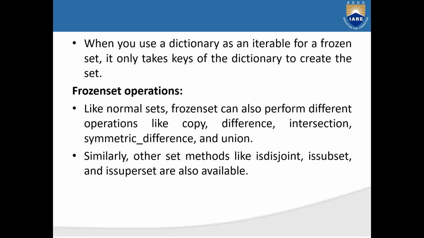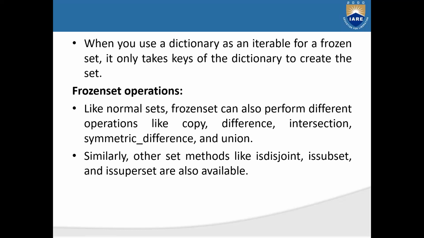Next, what are the operations we can perform on a frozen set? Tell me, what are the operations we perform on sets? As sets are mutable, we can perform all the operations whichever are available, which I have discussed previously. But on a frozen set, we can perform only limited operations as it is immutable.